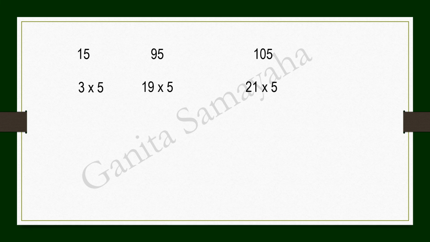If 2 is not a factor and 5 is a factor, then it is an odd number, it ends with 5. Is it clear, children? So, the condition for any number to end with 5 is it should be odd and it should have 5 as a factor. Okay, that means it should not have 2 as a factor and it should have 5 as a factor. Is it clear, children?